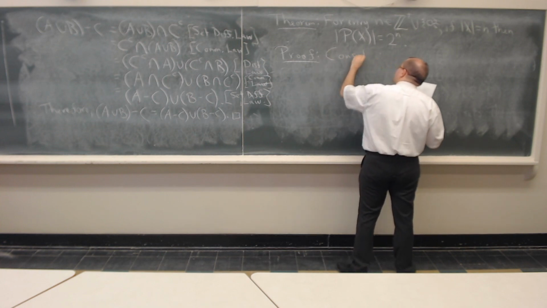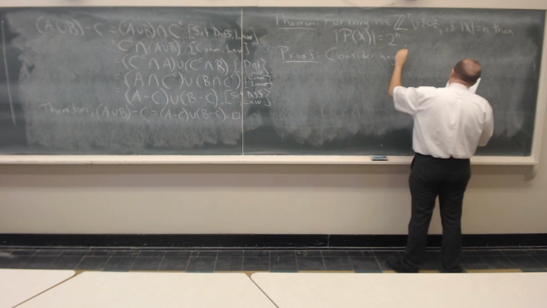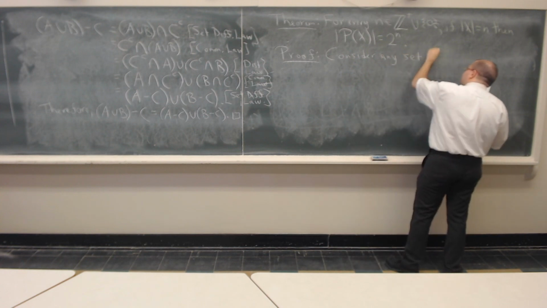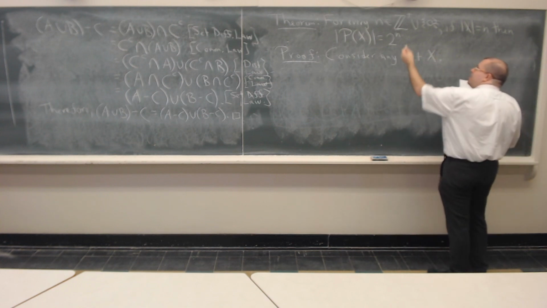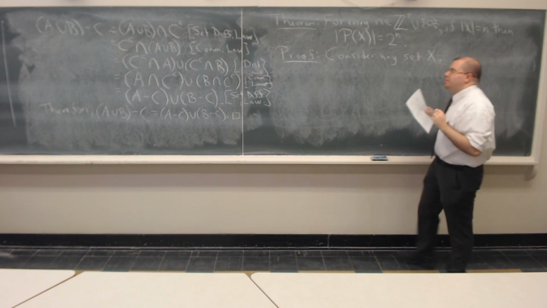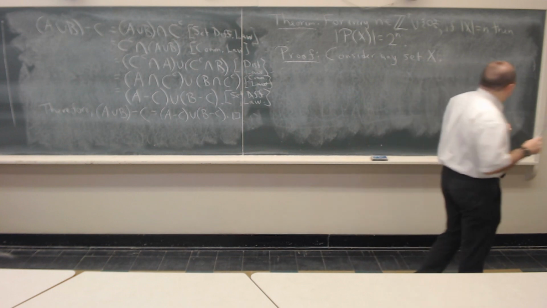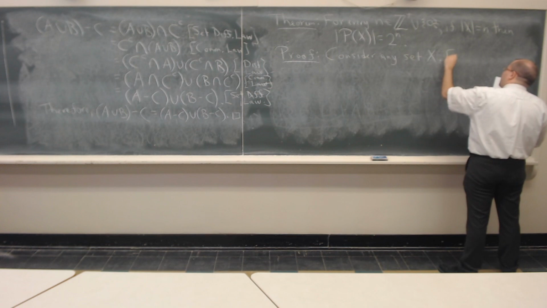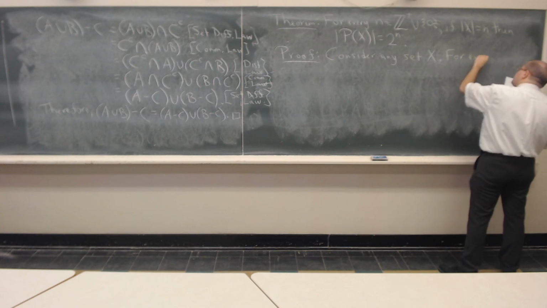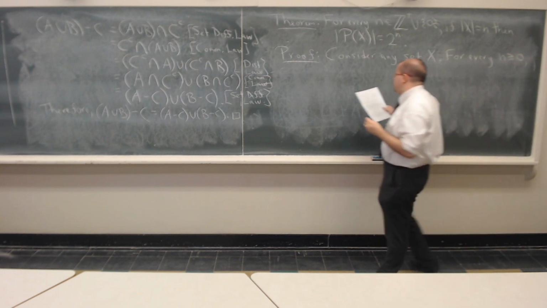So consider any set X, because remember, X can be arbitrary here, right? Technically, even if I want to be more precise, I could mention that up at the top. But remember, I only really care about the size of the set. So consider any set X, for every n greater or equal to 0. Remember, n is an integer here, but it's just greater or equal to 0.